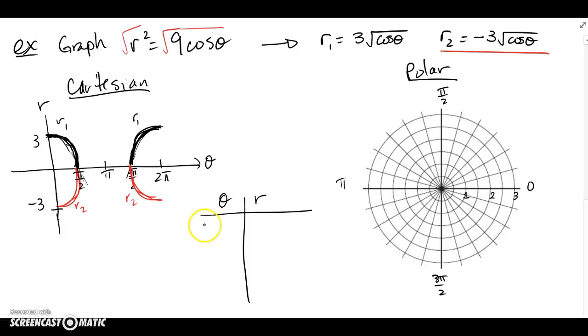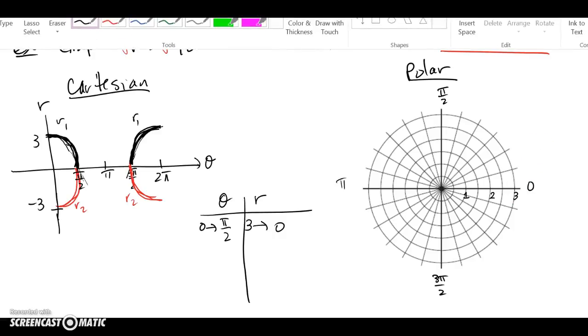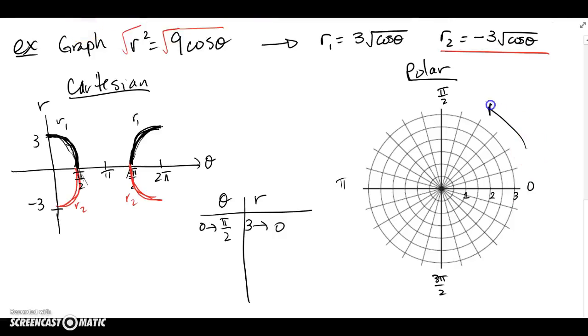So let's see what happens when theta goes from 0 to pi over 2, just looking at the R1 block curve. At 0, r was 3, and as I swept through and went to pi over 2, the values decreased down to 0.